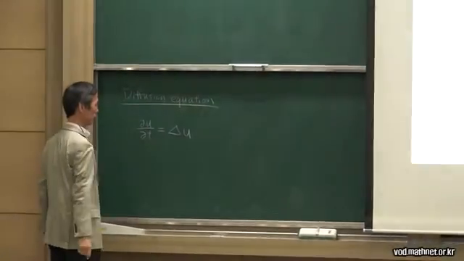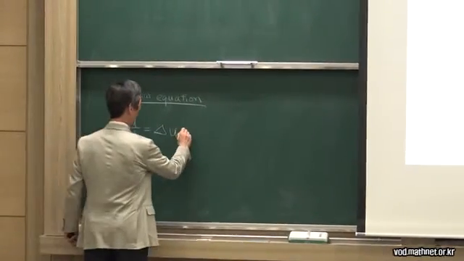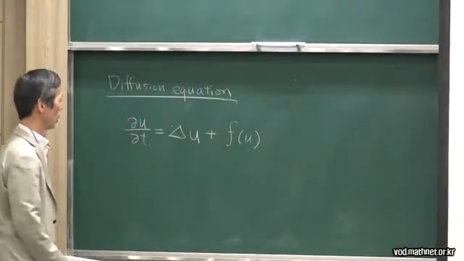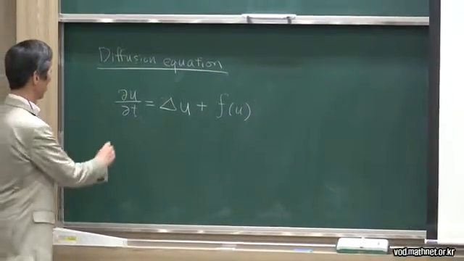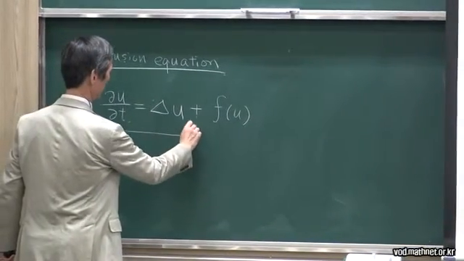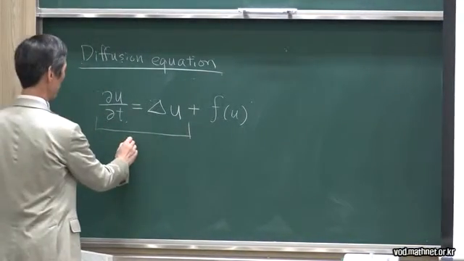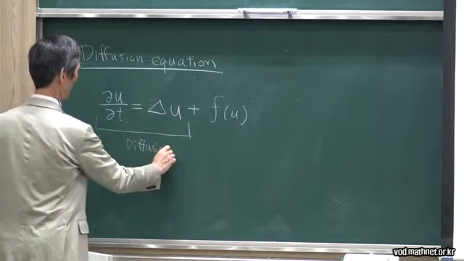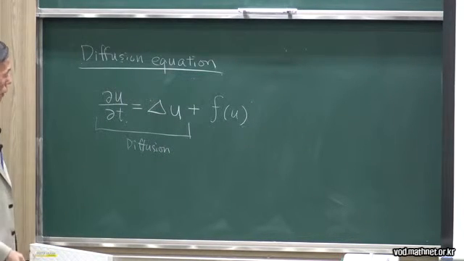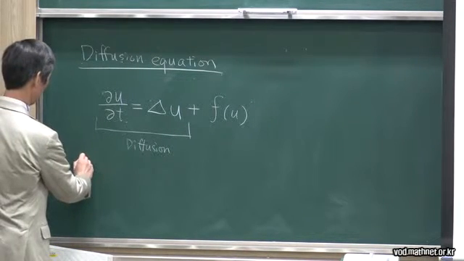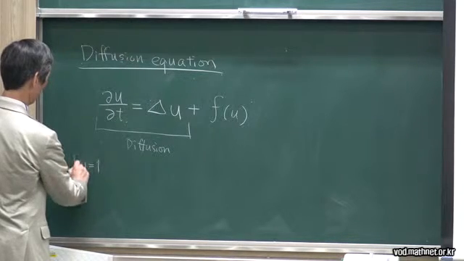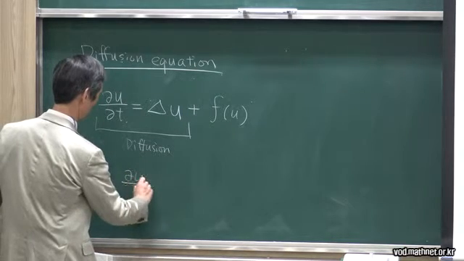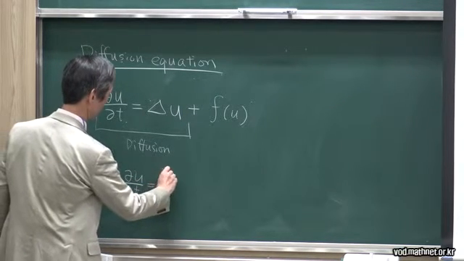This is the Laplacian. And then there is a growth term. This part is genuine diffusion. It has the same form as the heat equation. In the case where the dimension is equal to 1, you have this equation.